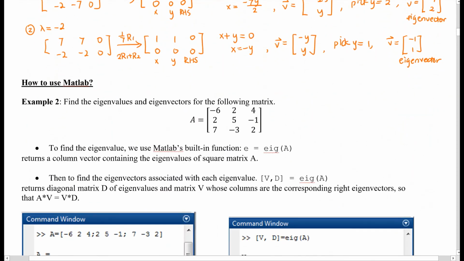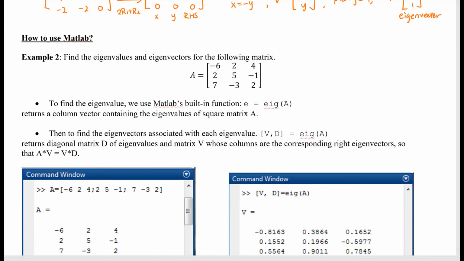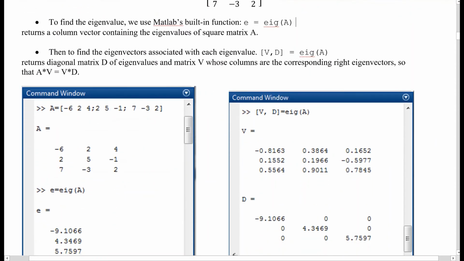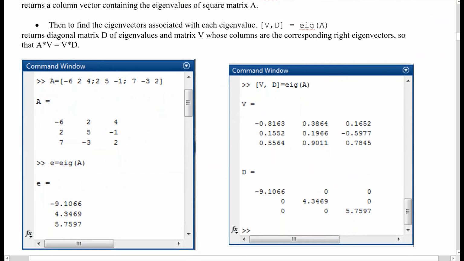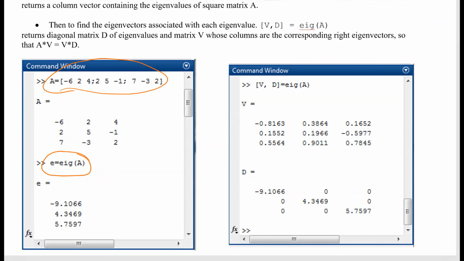Okay, so how to use MATLAB? To find eigenvalues and eigenvectors for the following matrix, to find the eigenvalues, we use MATLAB's built-in function EIG, like eigen of A. It returns a column vector containing the eigenvalues of the square matrix. This is what you see after we insert this matrix in MATLAB and input the syntax E equals EIG of A. Then we will get 3 numbers.